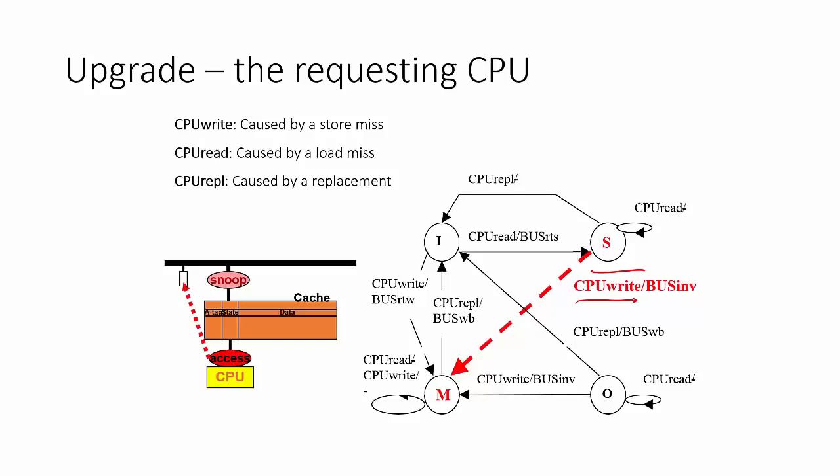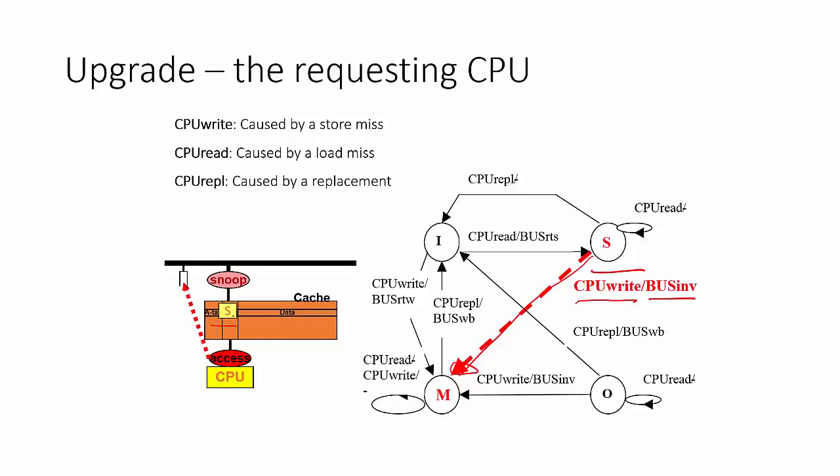So the issuing processor will issue a CPU write, and since we're in the shared state, we don't have to read the data, we just need to invalidate it. So it also has to issue a bus invalidation message on the bus. And then locally, you go to state modified.